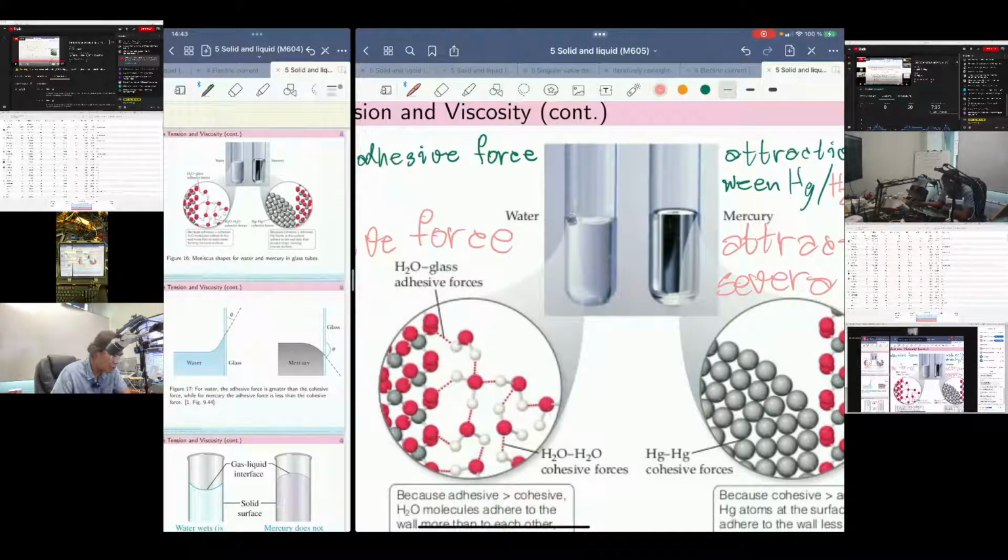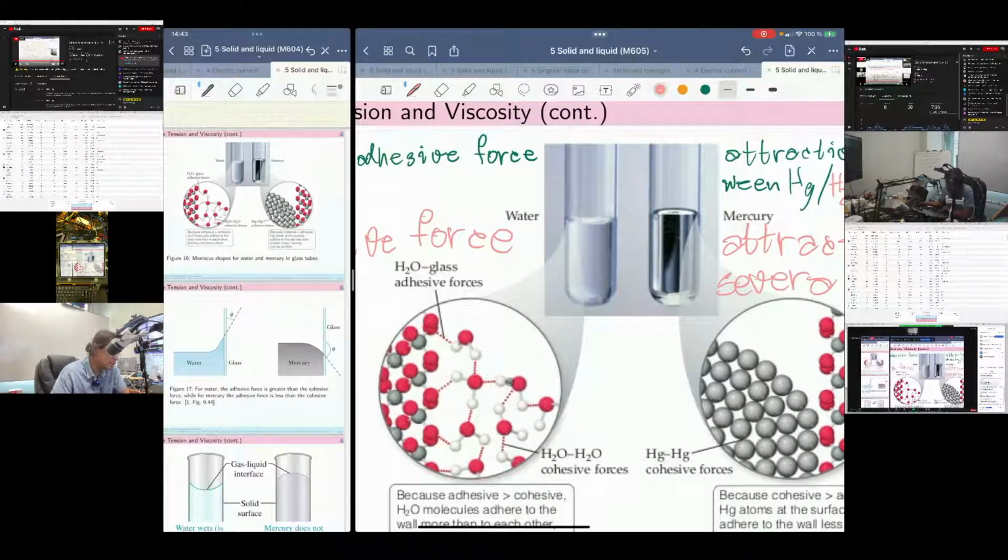in the water case, the adhesive force, which is the attractive force, okay, this is the glass molecules, composed of silicon and so on, right? And here are the water molecules, composed of one oxygen, the big red one here, and two white circles representing the hydrogen, the smaller atoms.